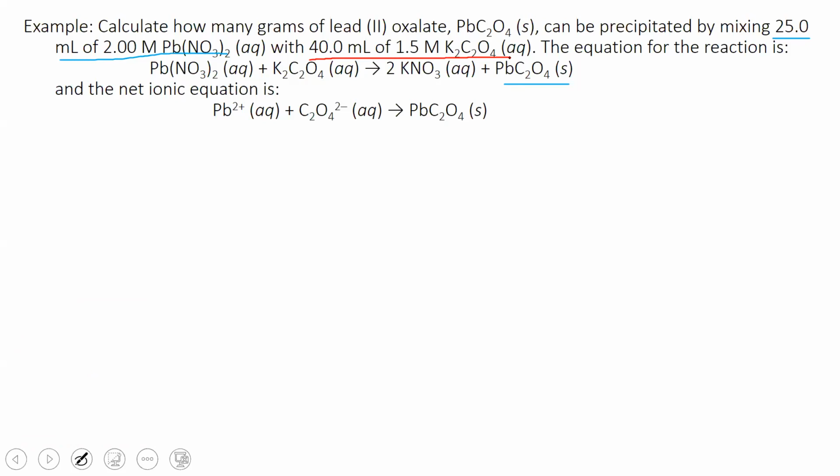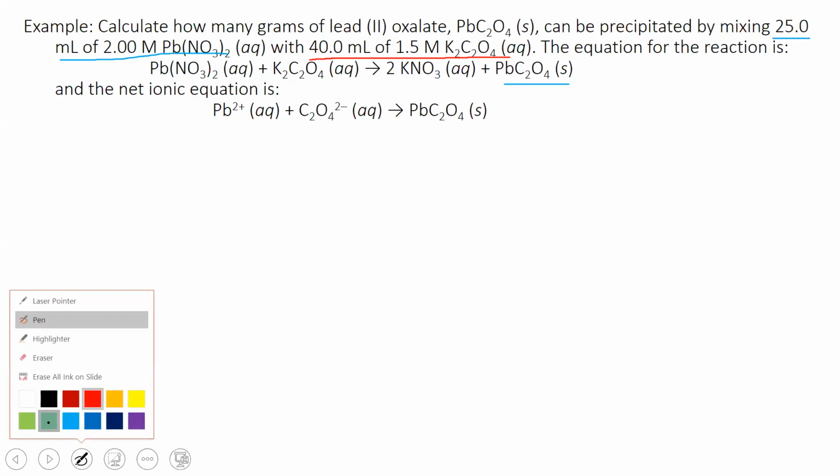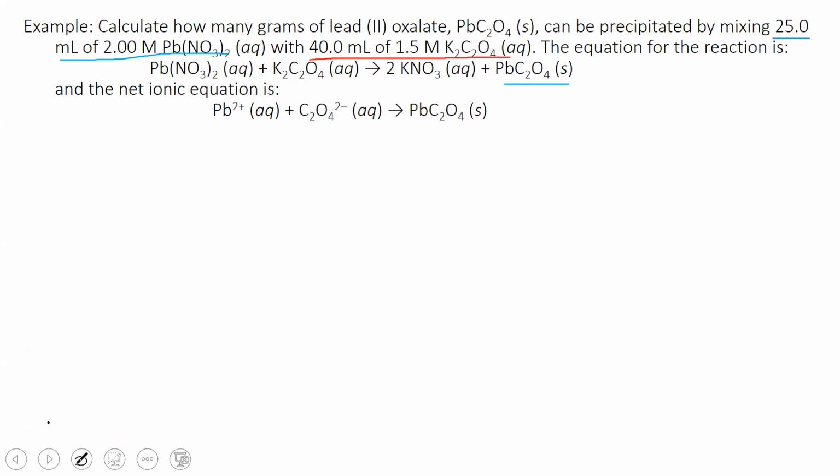So we want to figure out how many moles of each of these reactants will produce a certain amount of a given product. When we're doing precipitation reaction stoichiometry and limiting reactants, what we look for is how many moles of solid you can make in a given reaction.